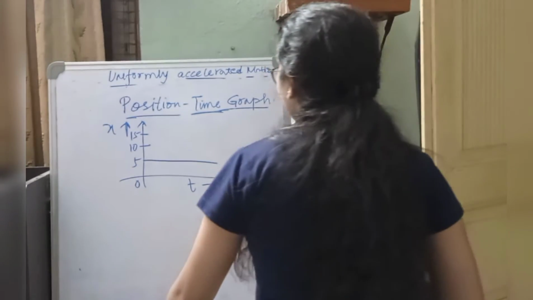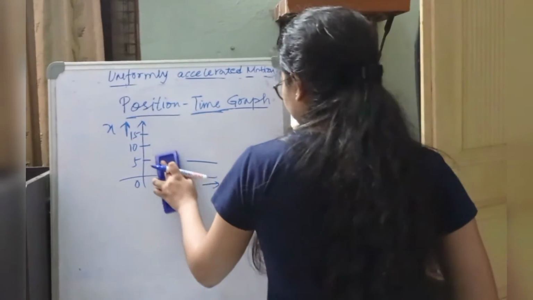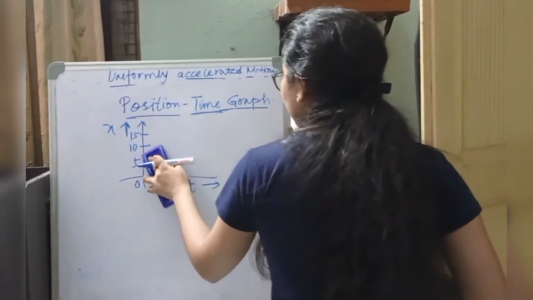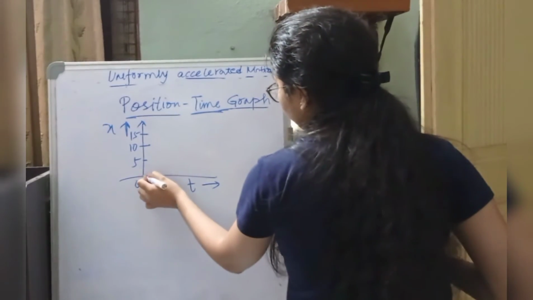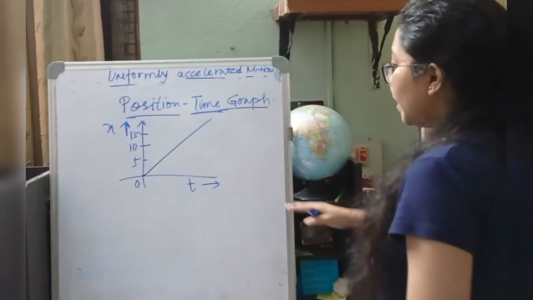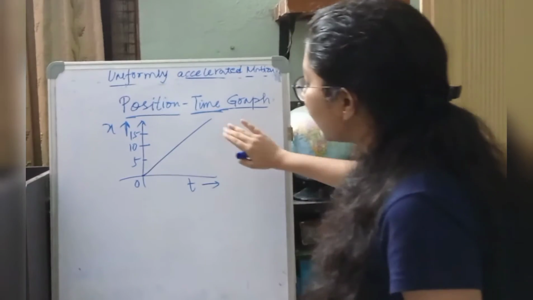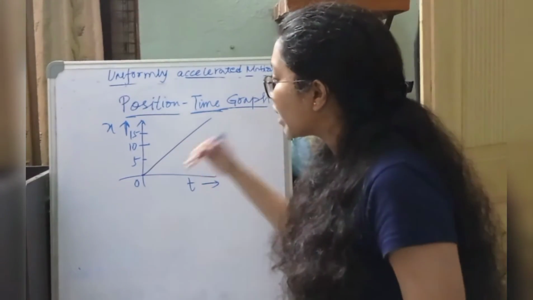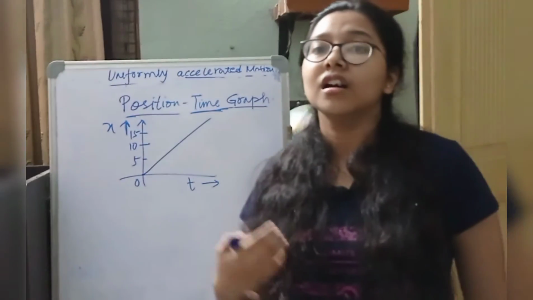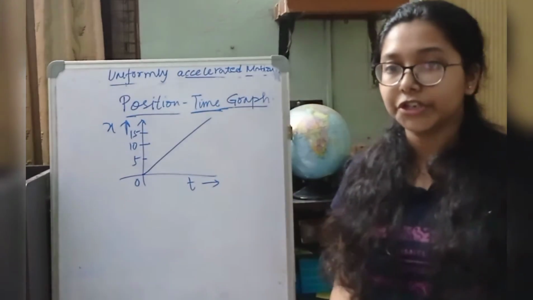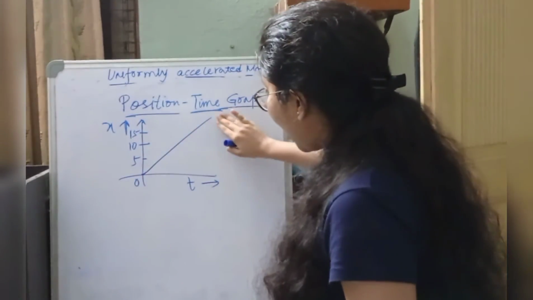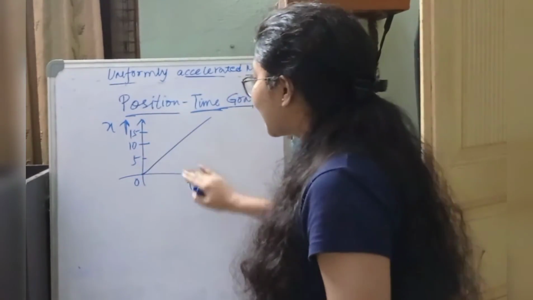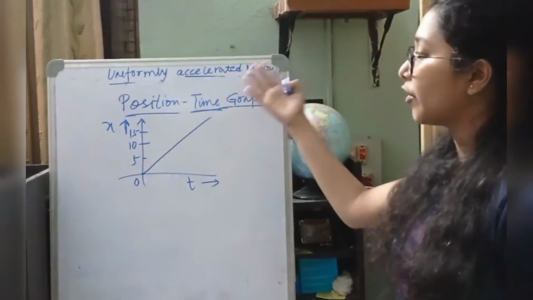But now if I plot the graph in this way, that means its position is constantly varying, but this sort of straight line graph represents a uniform motion. That means it's covering equal distances in equal intervals of time.